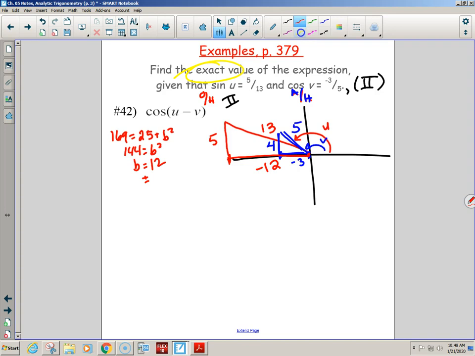Because the only way to solve exactly, geometrically, trigonometrically, cosine of u minus v, when I cannot know u from the unit circle, I cannot know v from the unit circle, that's not my 1, 2, 3, or 3, 2, 1, is by using my formula. Geometrically I can look at each of these triangles separately and use the clues when dealing with my difference formula for cosine.